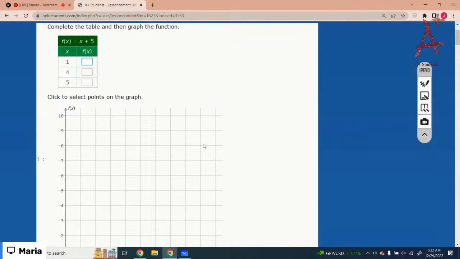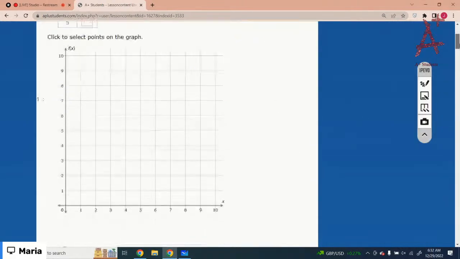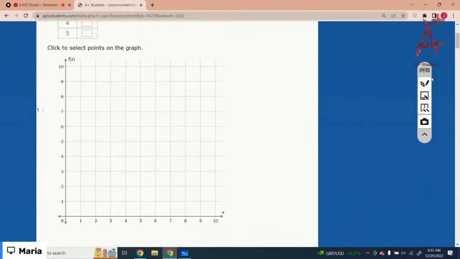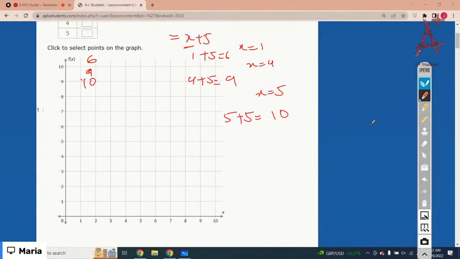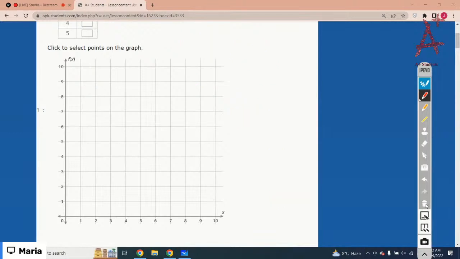Okay, the pairs of points are 1, 6, 4, 9, and 5, 10. Got it? These are the points we are going to use to plot the graph. These are points from the table. Got it? These are the x values and y values.